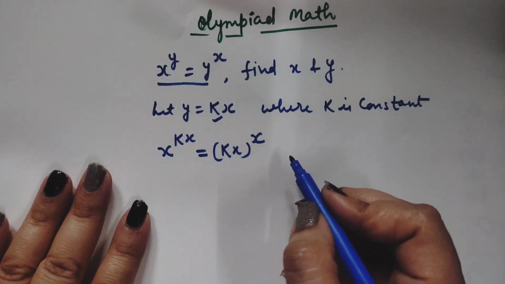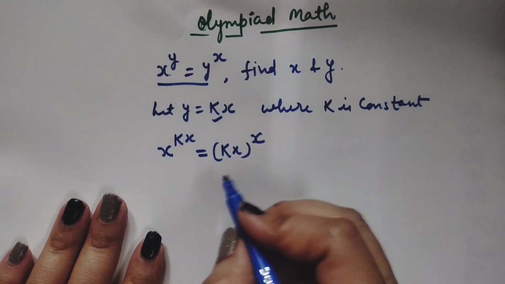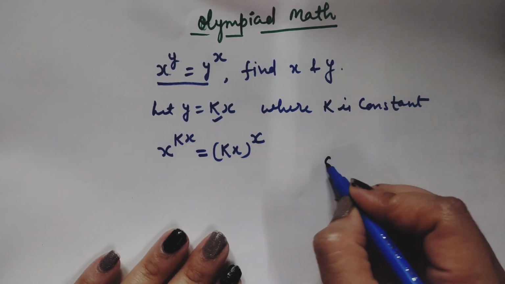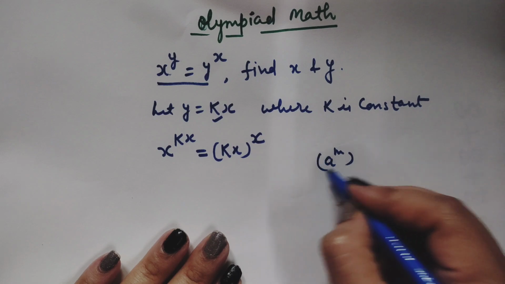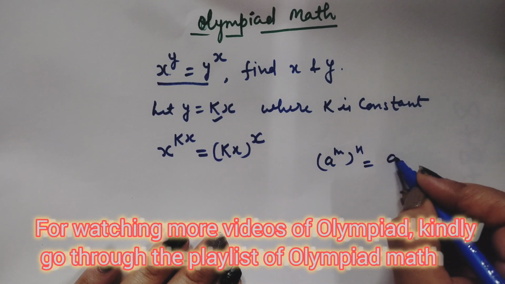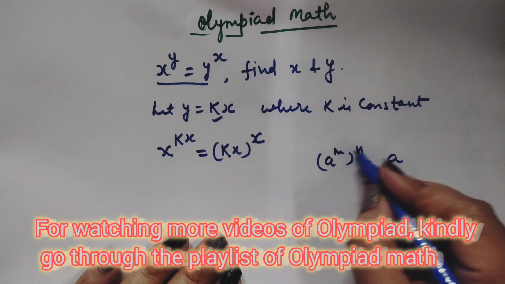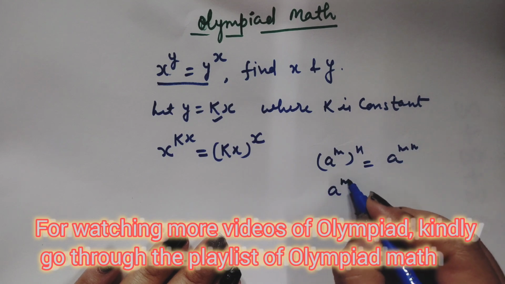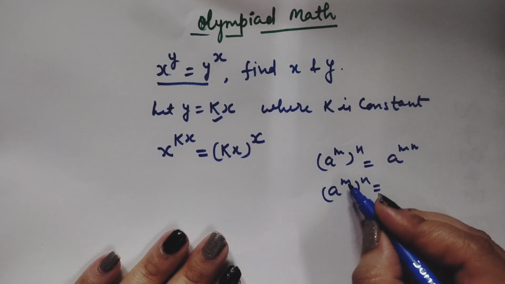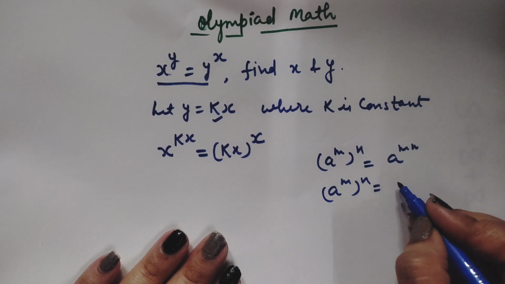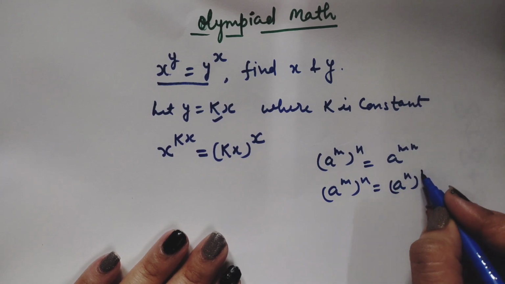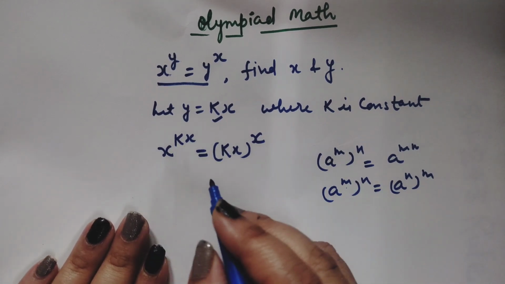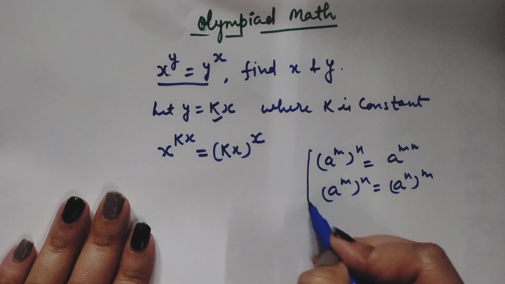Now we use the rule of exponents: (a^m)^n equals a^(mn), and we can also exchange the powers, so (a^m)^n equals (a^n)^m.